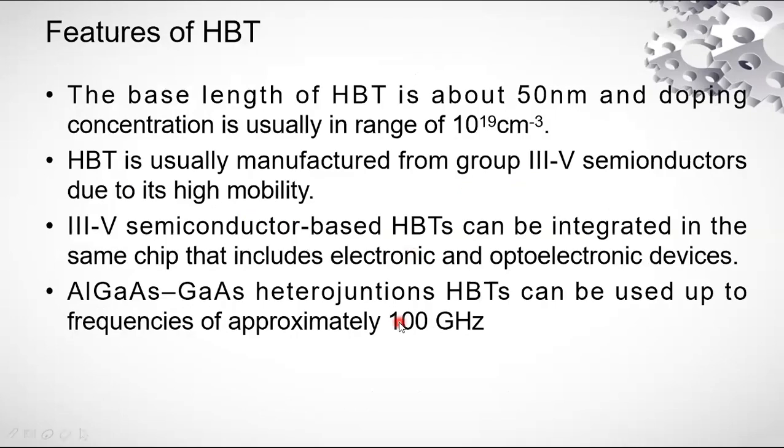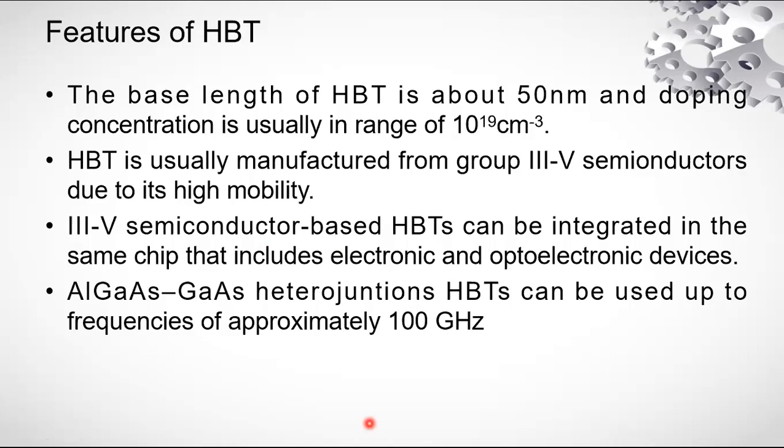Now we'll see some features of HBT. The base length of HBT should be about 50 nanometer, and doping concentration should be in the range of 10 raised to 19 per centimeter cube. Normally, HBTs are manufactured from group 3 to 5 semiconductors because of their high mobility, and 3 to 5 semiconductor based HBTs can be easily integrated into the ICs that include electronic and optoelectronic devices.